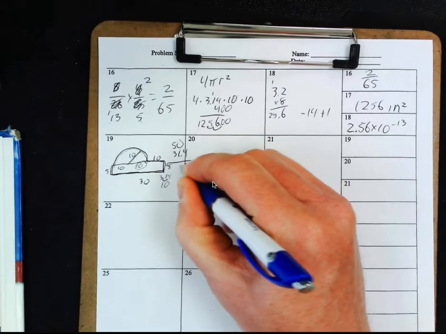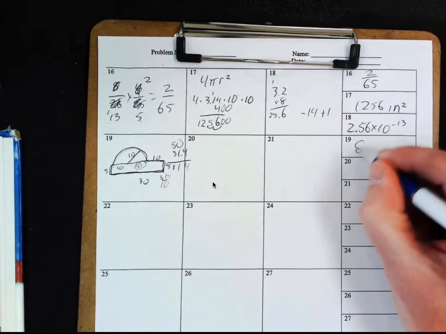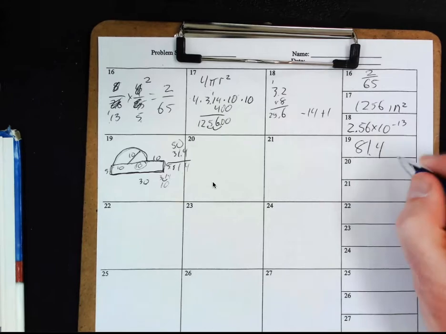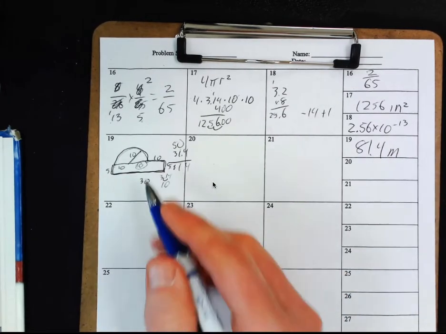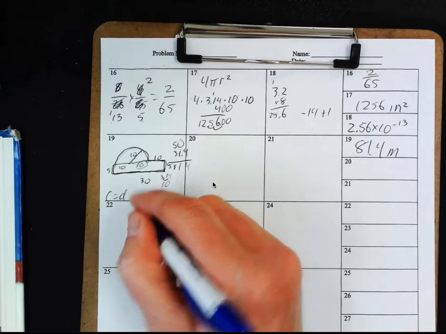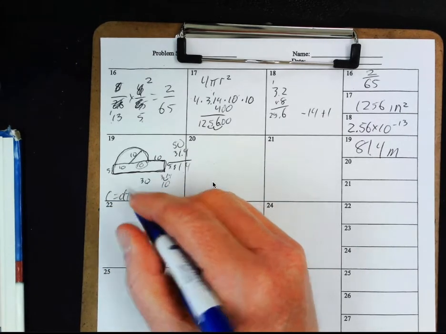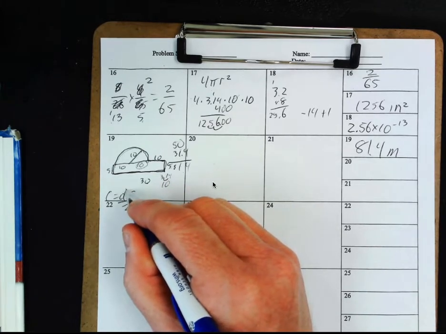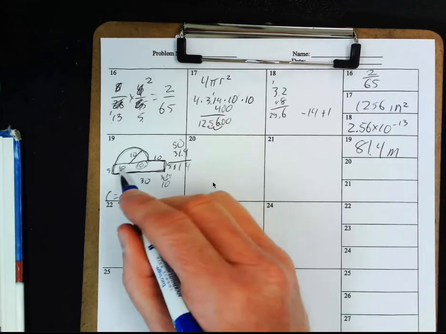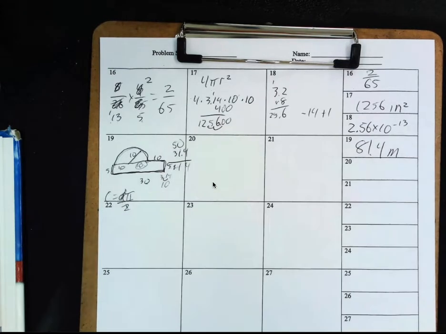Add it together, 50 plus 31.4, so I have 81.4, and in this case I'm working with meters. So hopefully you see how I did that. Normally circumference is diameter times pi, but because we only have a semicircle, I'd have to cut it in half, so I just did this. I cut the diameter in half. The whole thing would have been 20. I went down to 10.